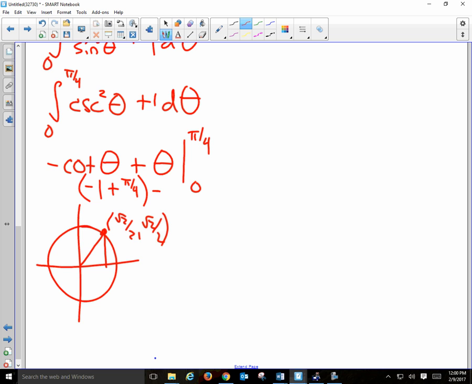Now I have to evaluate 0. What's the terminal point at 0? Tangent is y divided by x, which is 0. So the reciprocal would be undefined. If you get an undefined value, then the fundamental theorem of calculus, part 2, does not apply.